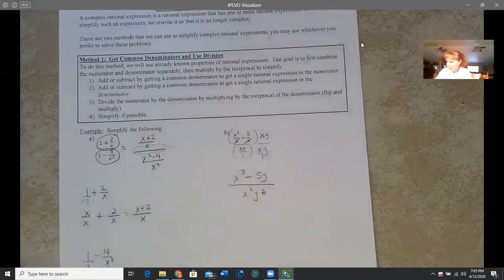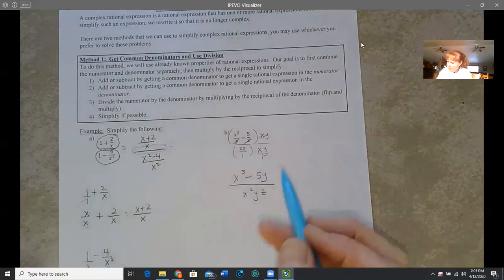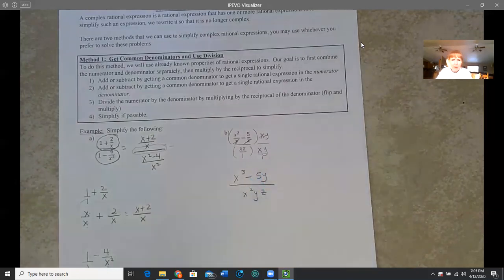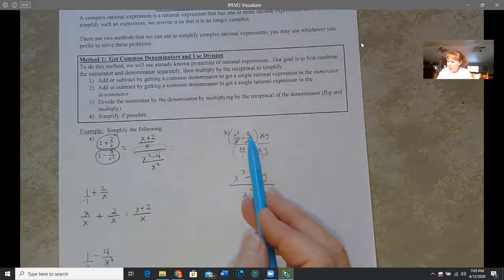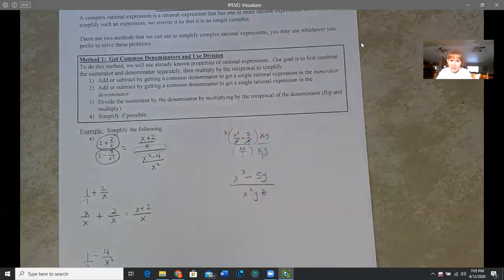Okay, and then you're done, because you can't factor anything and nothing cancels, because this has to go as a group or it doesn't go at all. But you know, you could have gotten a common denominator and then done the copy dot flip, and you'll end up with the same answer. Okay, all right. Well, that pretty much covers the two methods.